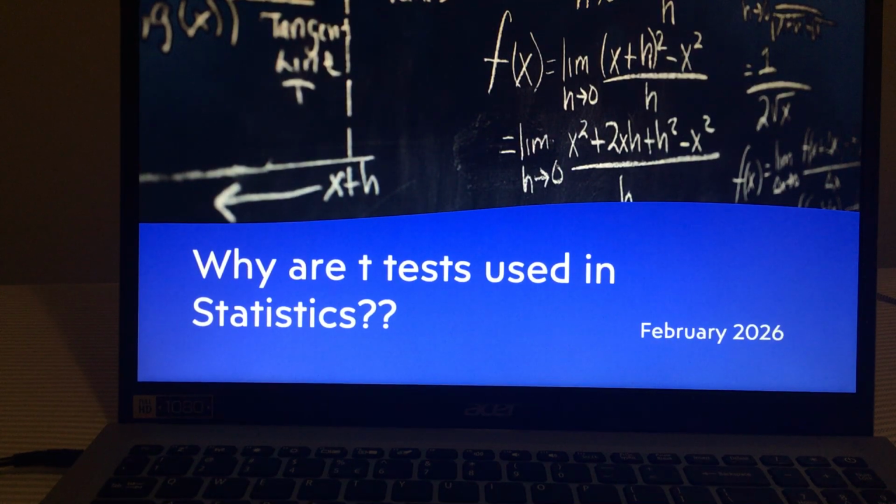And with the independence assumption, once again, we have to assume that the observations in our sample are generated independently of each other, and that there is no connection, no correlation, no association.